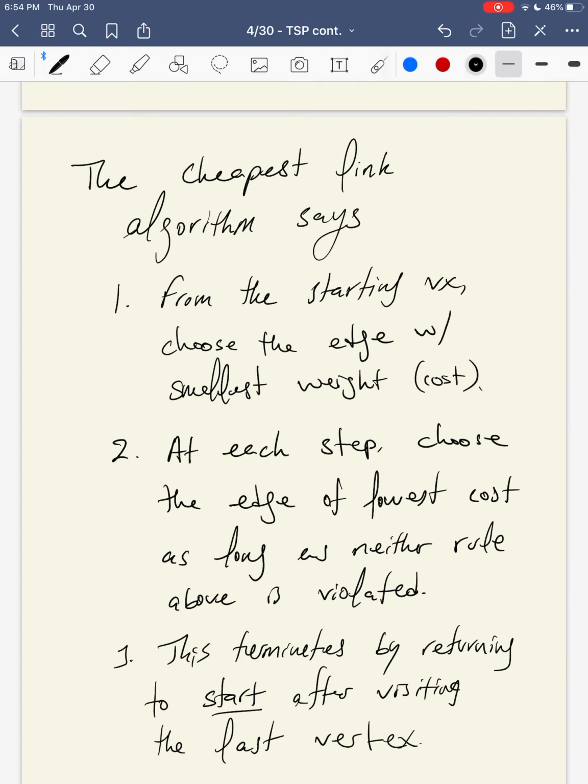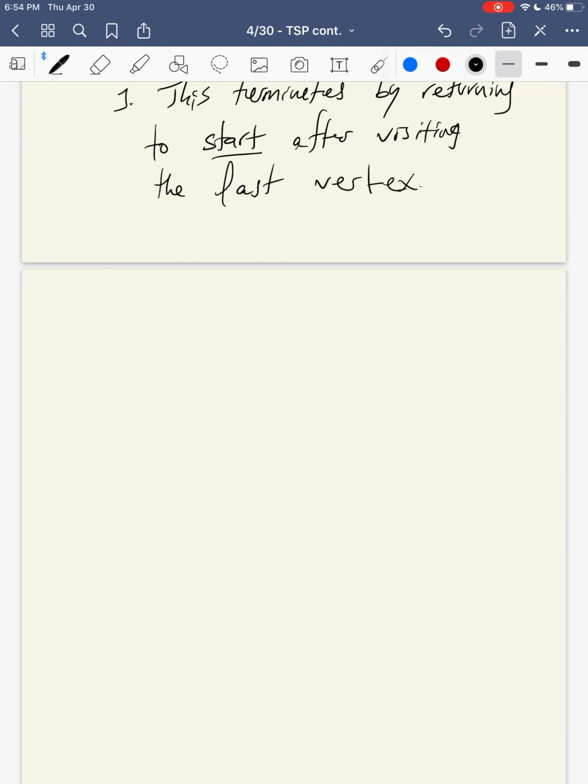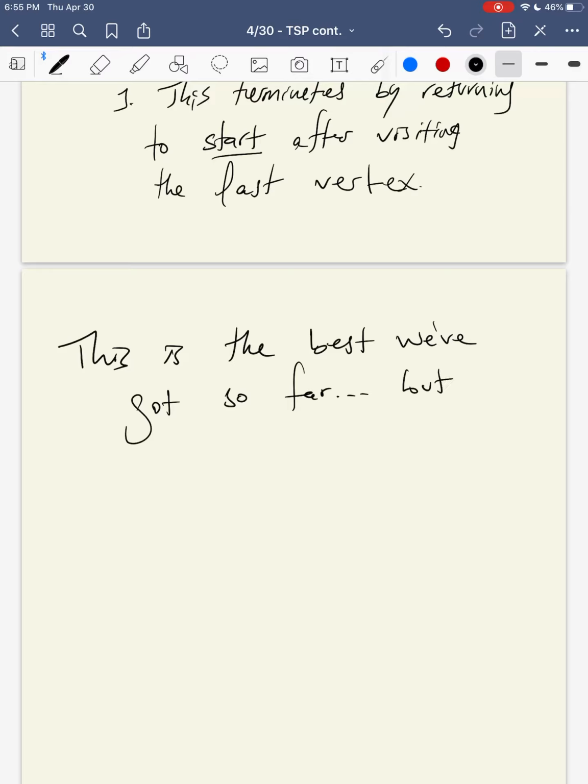So this is pretty good. This is the best one we've got so far, but it isn't perfect.